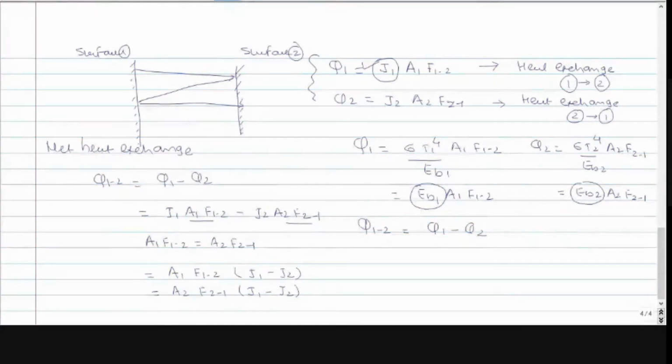So this is the rate at which the heat is exchanged between the two non-black surfaces. If I rearrange the terms, Q12 equals J1 minus J2 divided by 1 upon A1 F12.